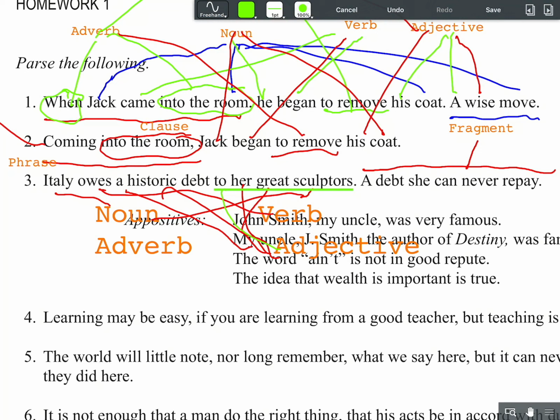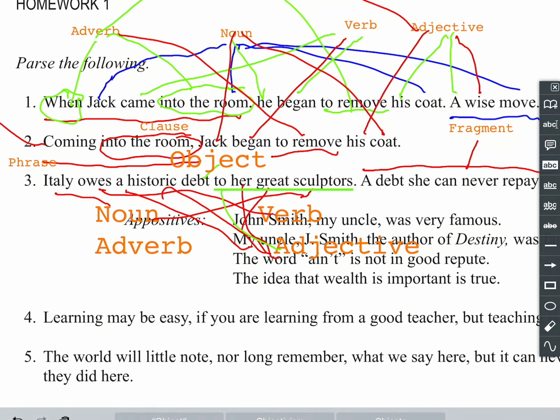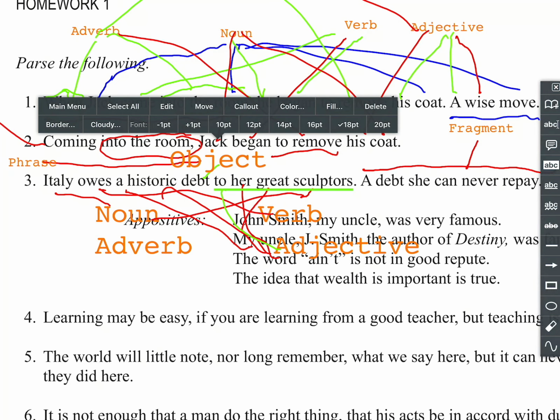Does to the sculptors modify owes, like it's who it owes to, or does it modify debt? Okay, well, first of all, debt is the object here. It's the object of the verb.